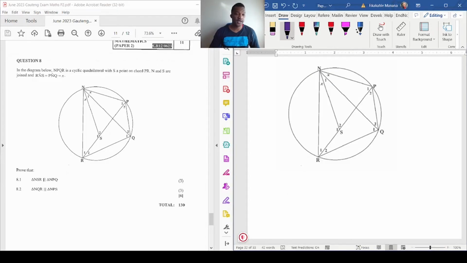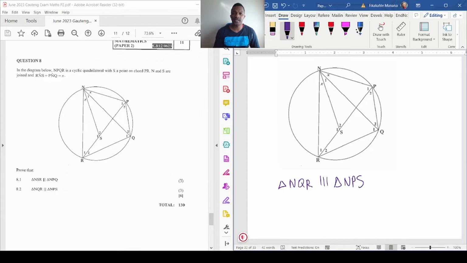Okay, let's look at the next question now, 8.2, still congruency. Let me write it down first. We are looking at triangle NQR congruent to triangle NPS.